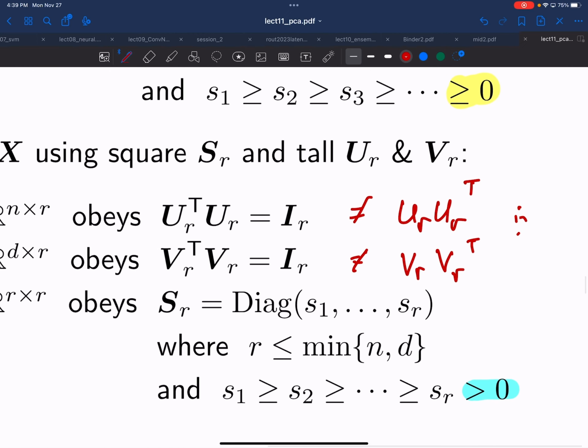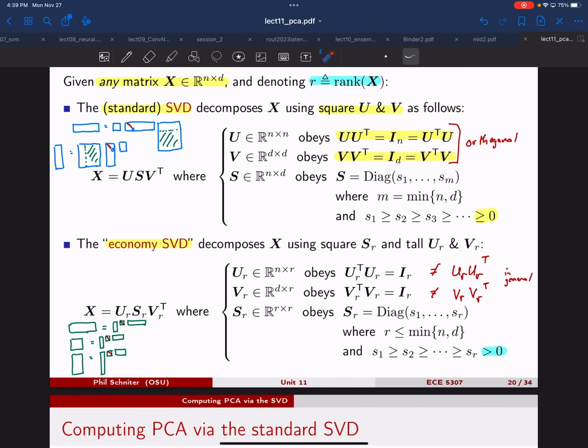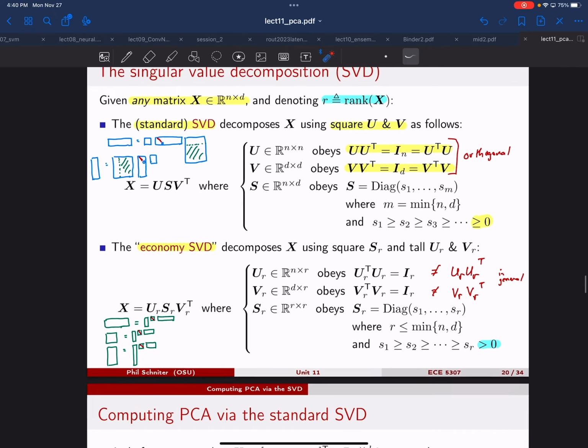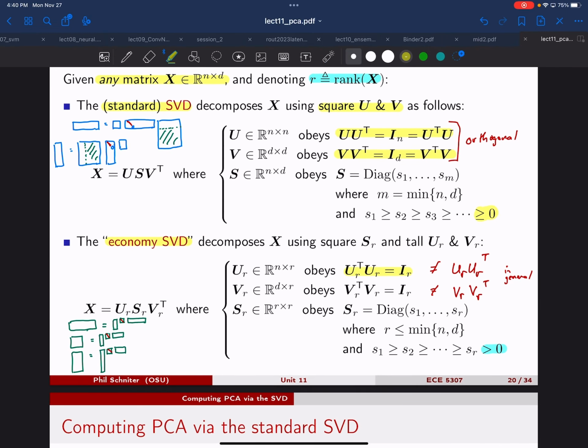So in general, this does not hold. But this holds. The U and V matrices have orthogonal columns no matter what, but they just might not have enough of them to make this happen. Okay, so these are the two versions we have.